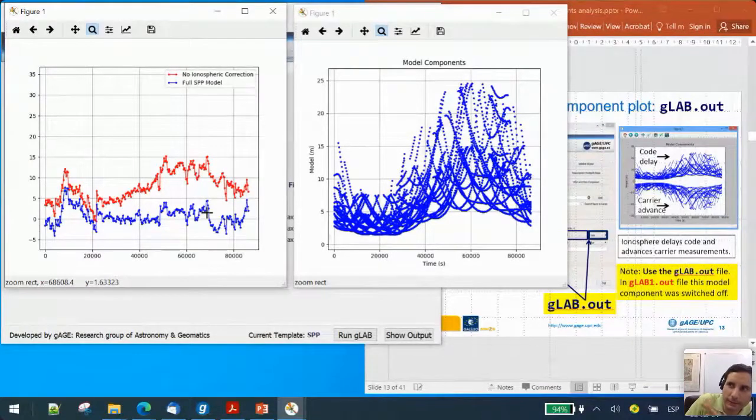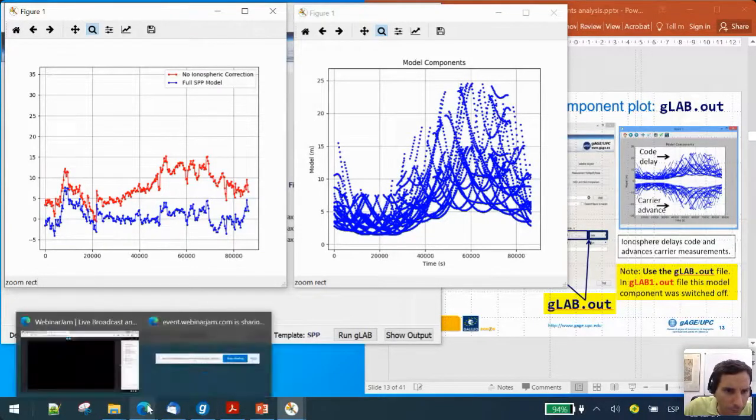We can see the translation from the modeling to the position domain. I hope it's clear.